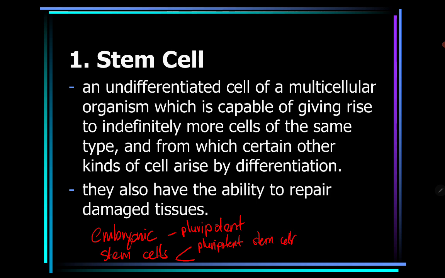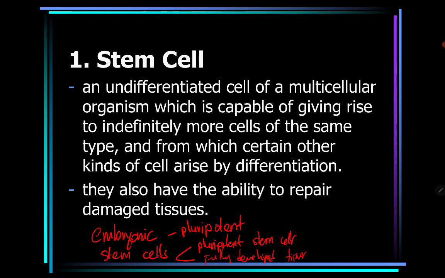So types of the adult stem cell, we have the pluripotent stem cell, and the other one is fully developed tissues. Again, for the fully developed tissues, such as the brain, the skin, and the bone marrow, they generate certain types of cells.